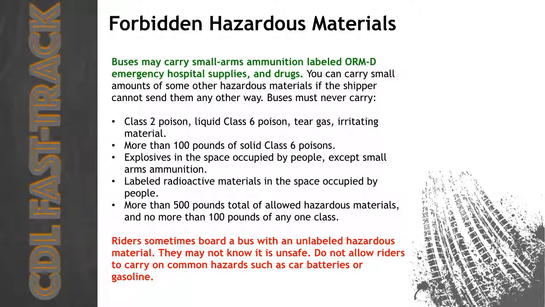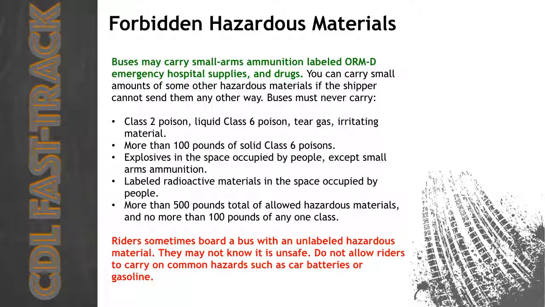Forbidden hazardous materials. Buses may carry small arms ammunition labeled ORM-D, emergency hospital supplies, and drugs. You can carry small amounts of some other hazardous materials if the shipper cannot send them any other way.